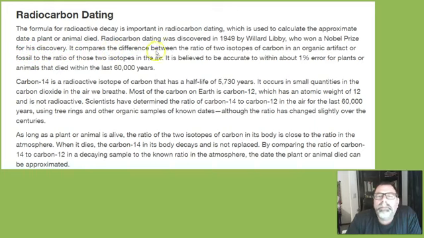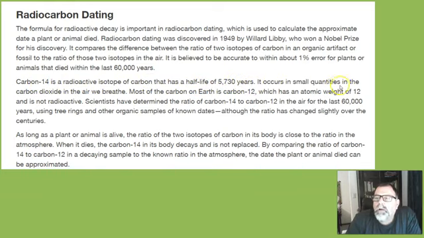It compares the ratio of two isotopes of carbon in an organic artifact or fossil to the ratio of those two isotopes in the air. It is believed to be accurate to within about 1% error for plants or animals that died within the last 60,000 years. Okay, so carbon-14 is a radioactive isotope of carbon that has a half-life of 5,730 years.